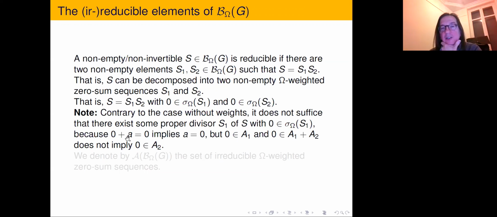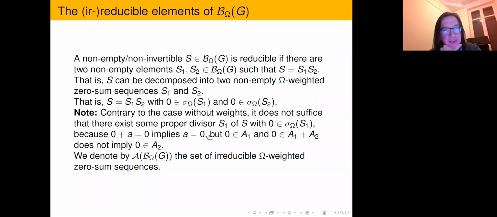While 0 plus a equal to 0 implies, of course, that a is equal to 0, that 0 is an element of A1 and 0 is an element of the sum set A1 plus A2 does not at all imply that 0 is an element of A2. In particular, this means that this monoid is not a Krull monoid. In that sense, it's a different type of monoid than the other ones, which makes the problem interesting.